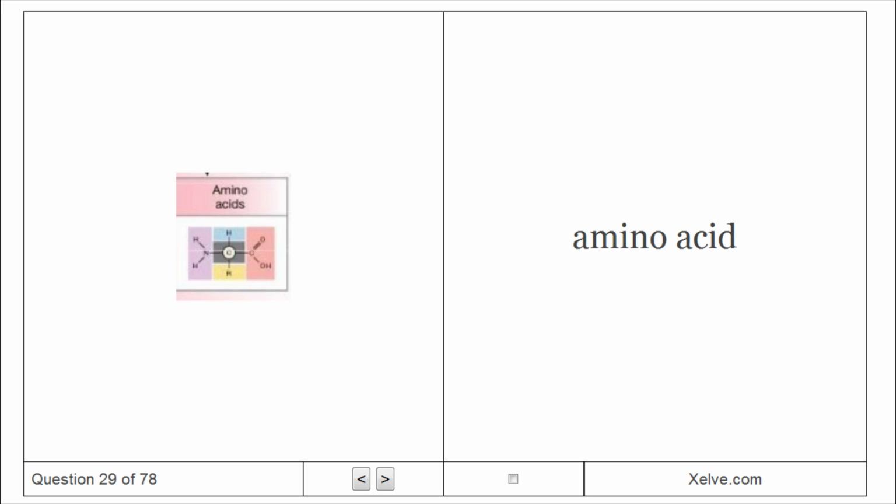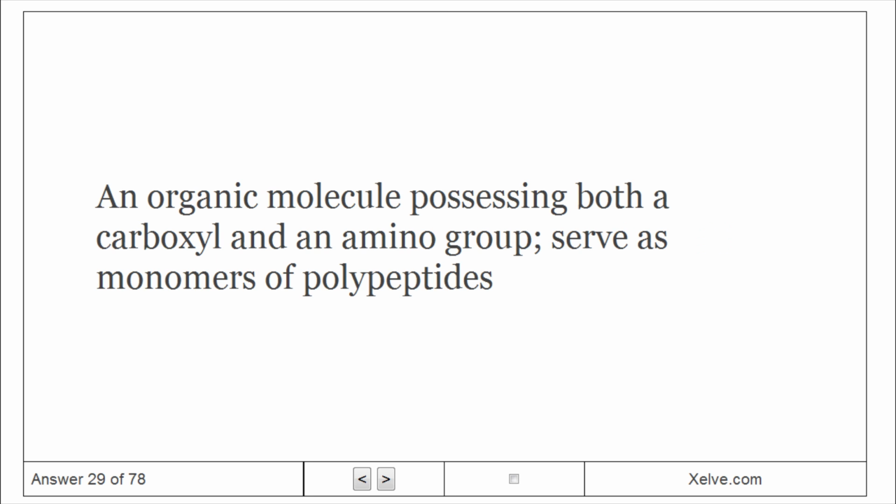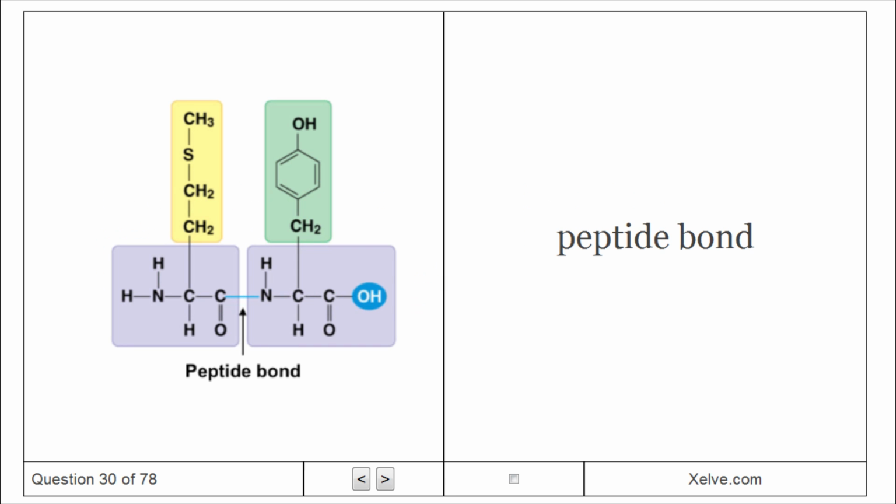Amino acid. An organic molecule possessing both a carboxyl and an amino group, serve as monomers of polypeptides. Peptide bond.